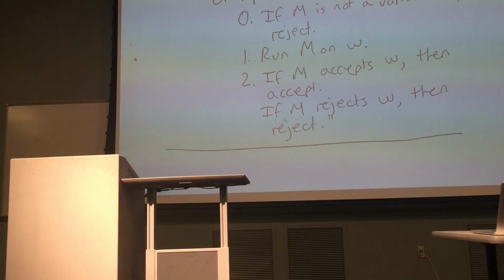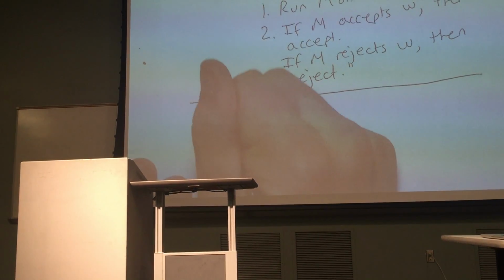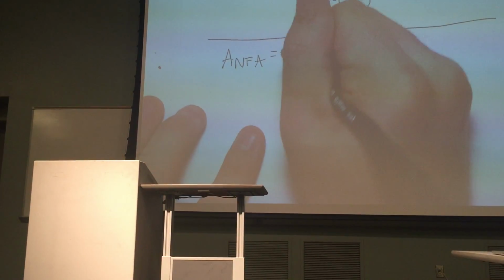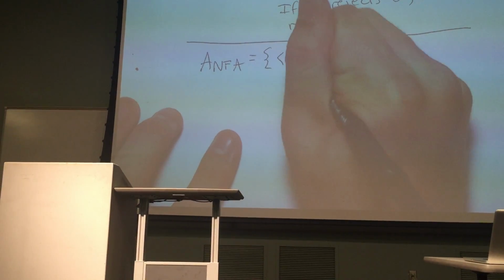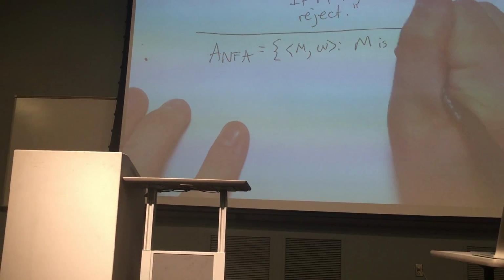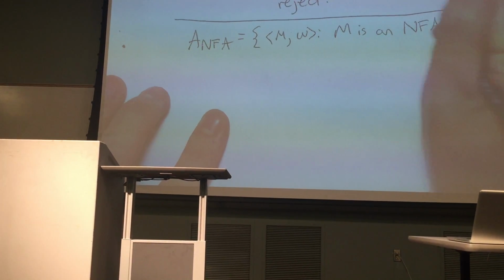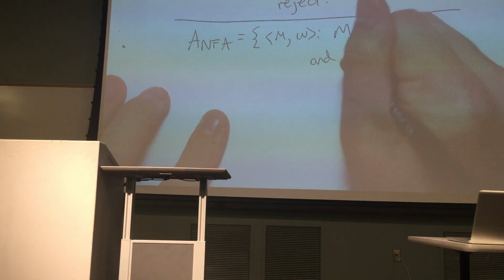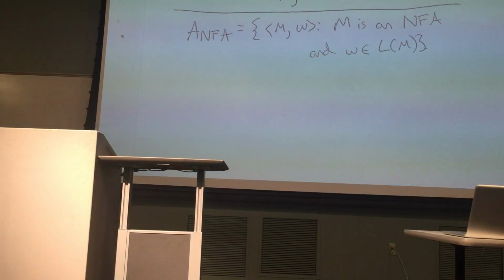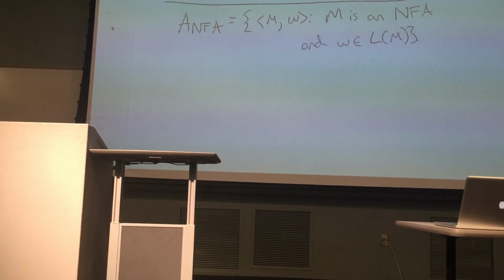I think we should do NFAs now. So the next problem is A_NFA. And you won't be disappointed to know that it's also M and W. But now M is an NFA, and W is in its language. So how do I claim that this is decidable also?